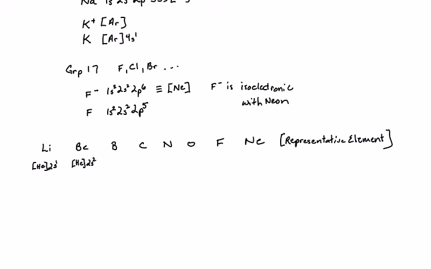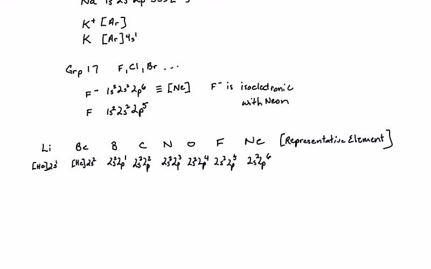I'm not going to write down the helium core for the rest of these. Boron's going to be 2s2, 2p1. Carbon's 2s2, 2p2. Nitrogen is 2s2, 2p3. Oxygen's 2s2, 2p4. Fluorine 2s2, 2p5. And neon is 2s2, 2p6.